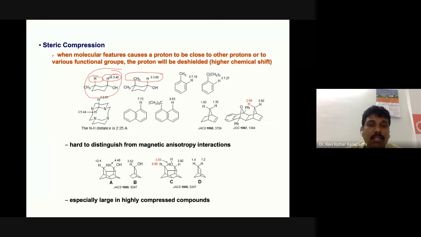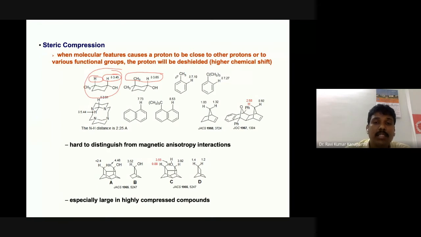Here there are two protons, but here you have the methyl and the proton interacting with each other. You can see a slight de-shielding because on the adjacent carbon you have a lot of protons, and both axial protons are interacting through space. Because of that, people have observed a slight de-shielding.